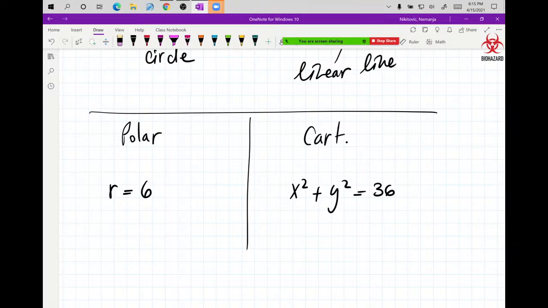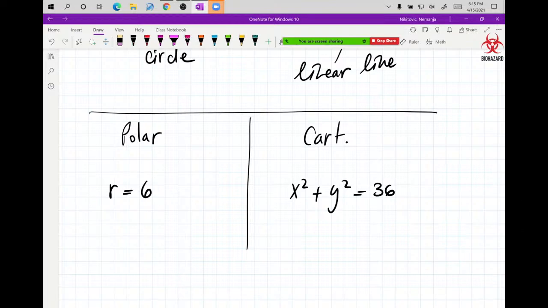So in this case, the choice of polar coordinates is warranted and better, right? And again, this is not a function, that's another thing, where r equals 6 is.